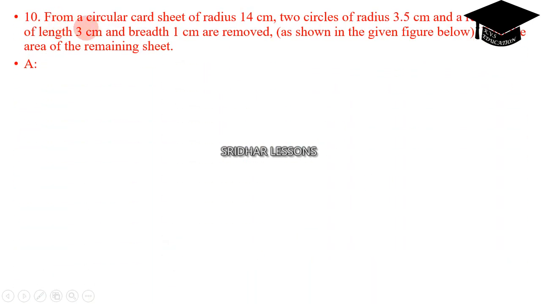Question number 10. From a circular card sheet of radius 14 centimeters, two circles of radius 3.5 centimeters and a rectangle of length 3 centimeters and breadth 1 centimeter are removed. Find the area of the remaining sheet.